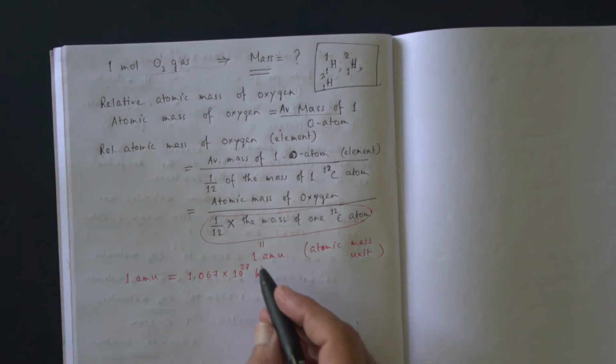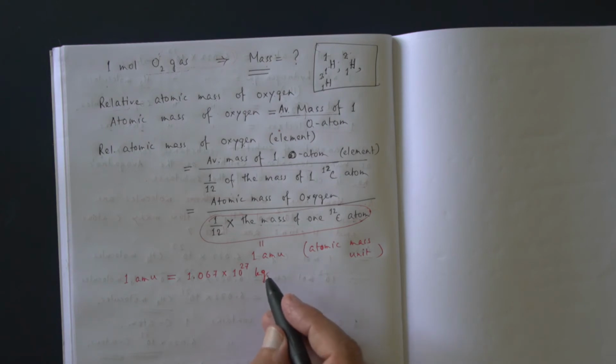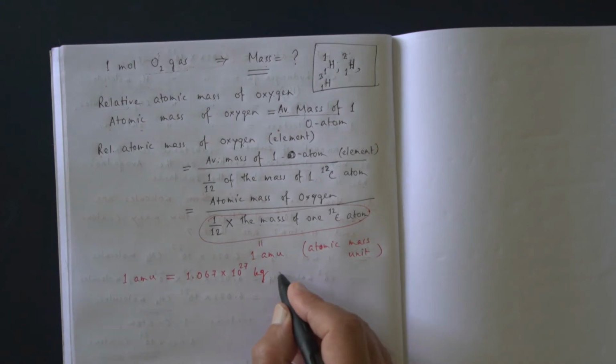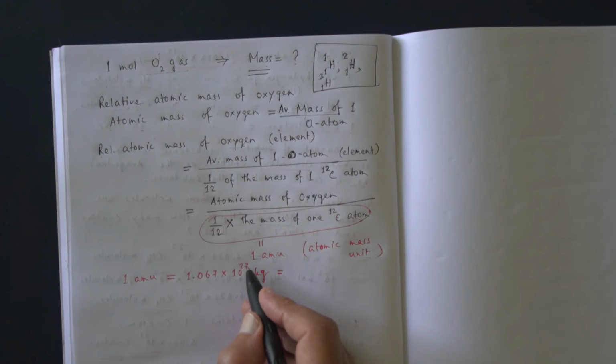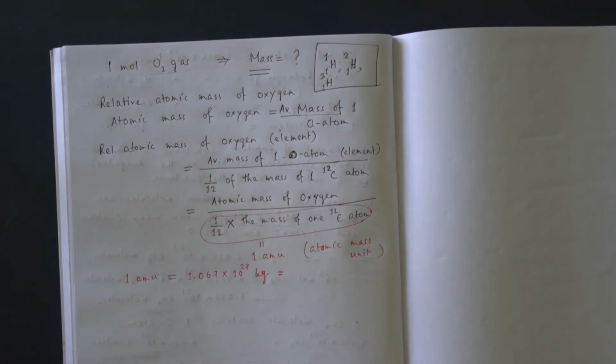Kilo means 10 to the power 3. Let me check.